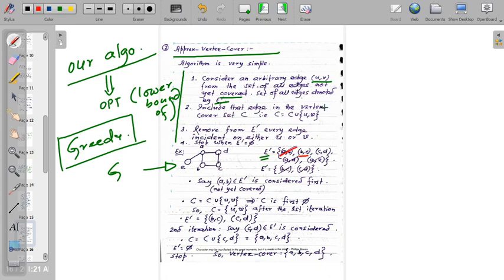Now include that edge in the vertex cover set, which means including the corresponding vertices of that edge UV. So C was initially null, and now C equals C union U and V. In our example U is A and V is B, so after the first iteration C will consist of AB.